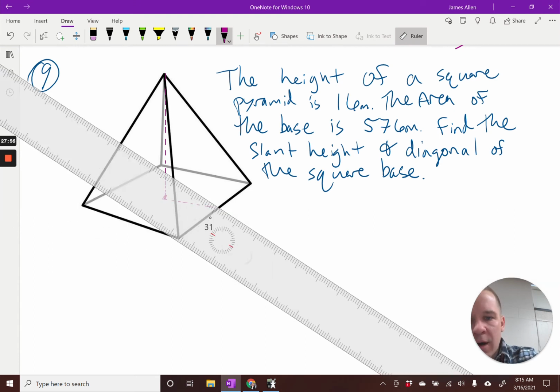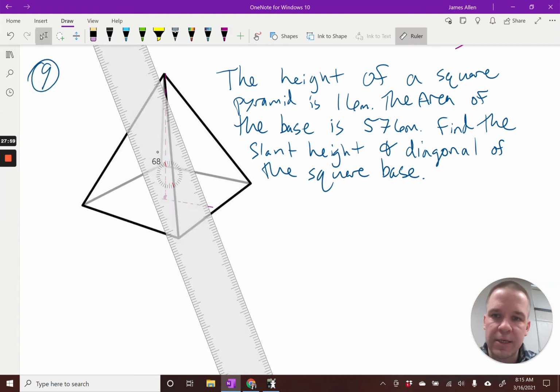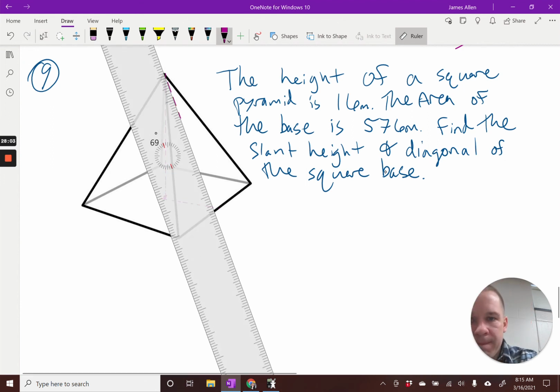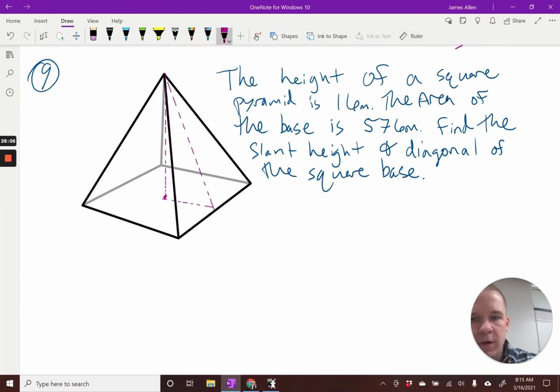And then I'm also going to draw in our slant height. There we go. Lovely. Okay. That's all the important stuff in that square pyramid. So we get triangles within the 3-dimensional diagram. Okay. So the height of that square pyramid is 16 meters.